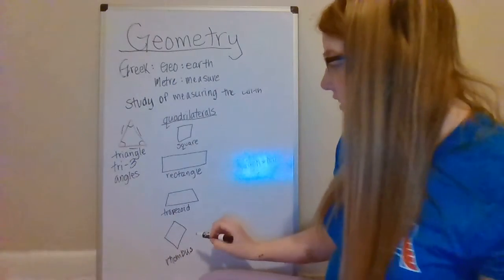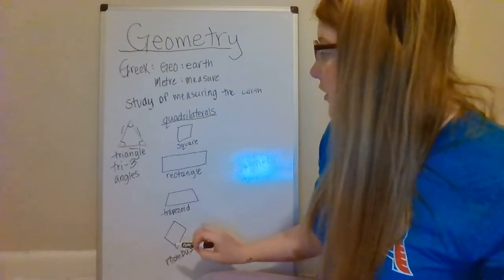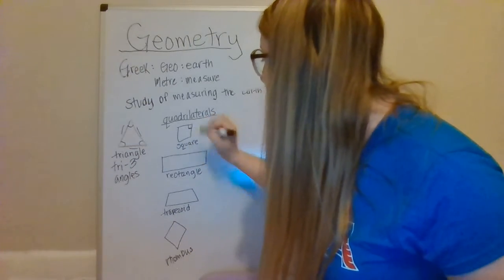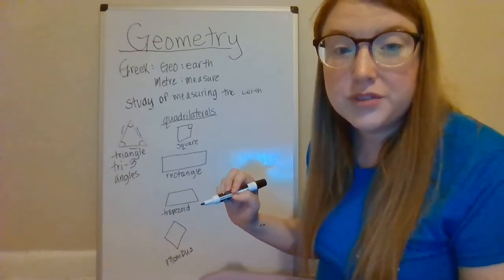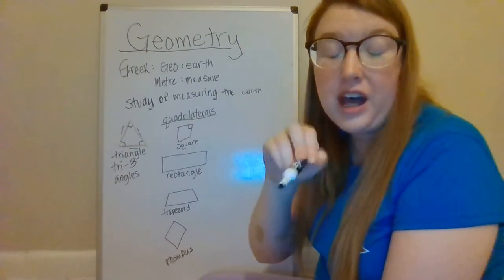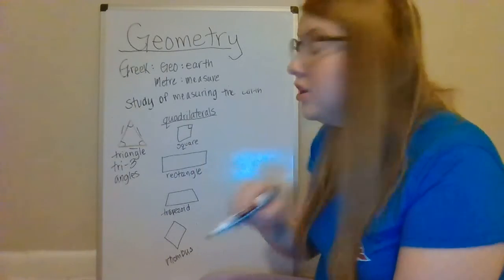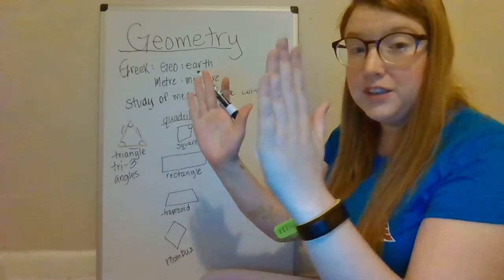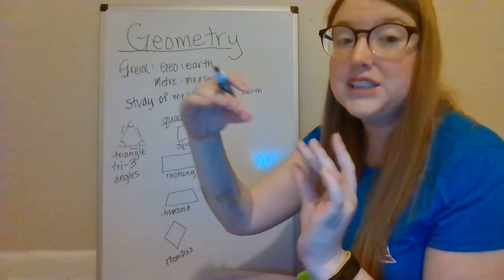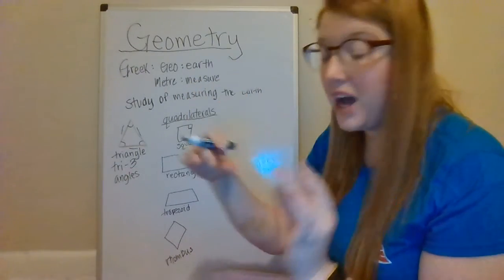The only difference between a rhombus and a square is that I could draw a box around the angles of a square, and it would make an L, a 90-degree angle. But a rhombus is kind of a squished version of that, so it doesn't have those straight 90-degree L angles like we have on the square.